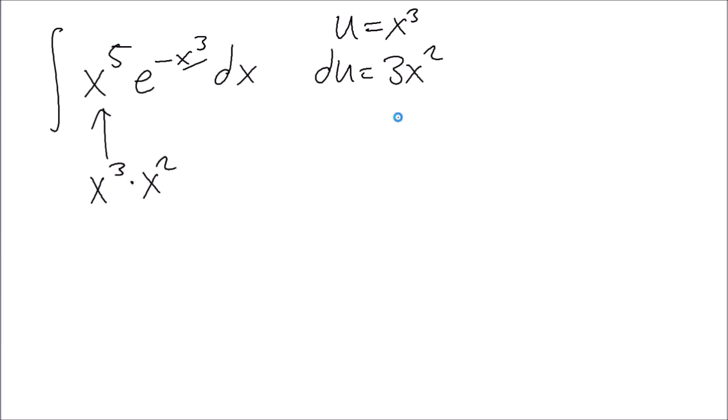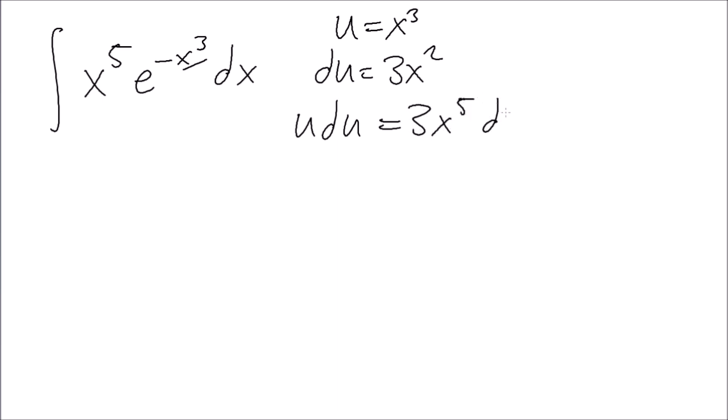Or if you want to look at it in a different way, you see how u is equal to x cubed? Then if I multiply u to both sides, I get u du, and then x cubed multiplied here, we get 3x to the 5. That's also another way to look at it. Now we really have x to the 5 here.